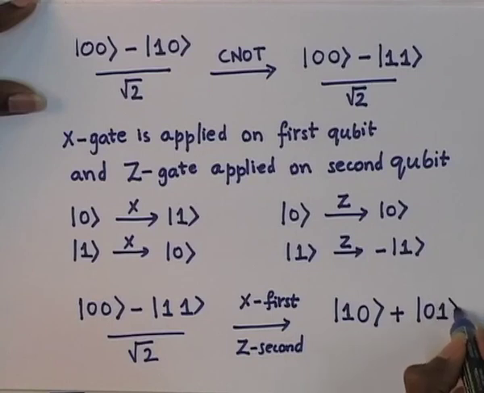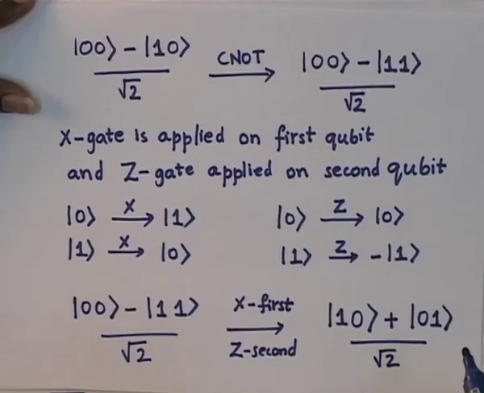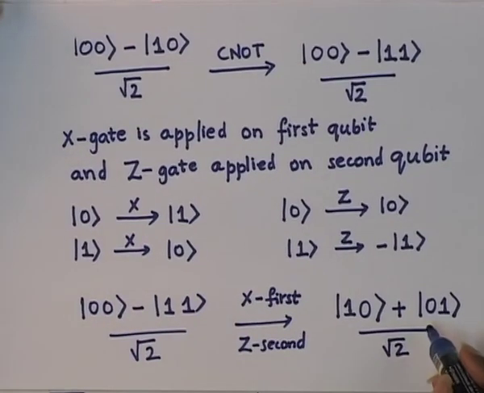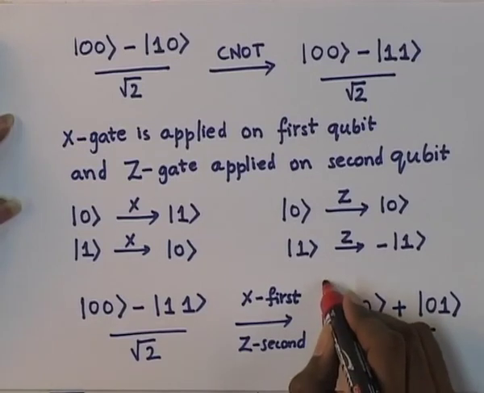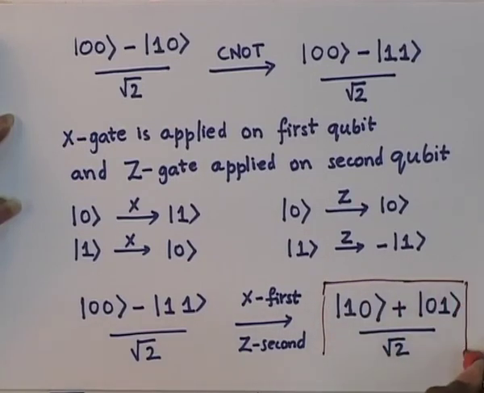So we obtain |10> plus |01> divided by square root 2 as the output state, which is option B.